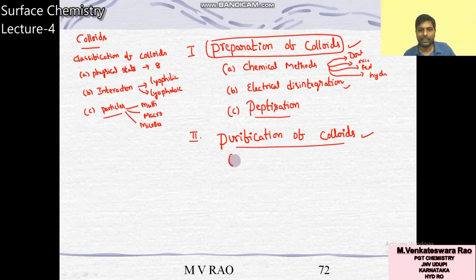After preparation, colloids can be purified by a method called dialysis. There is another method called electrodialysis. And the third method to purify colloids is ultrafiltration.